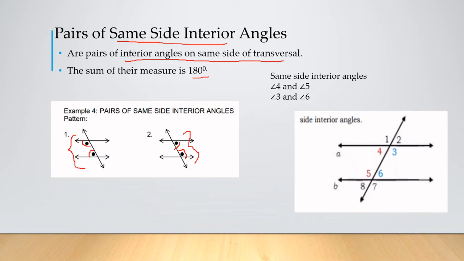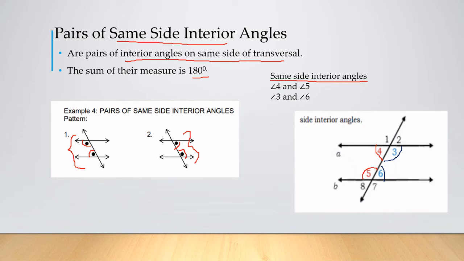Now let us identify the same side interior angles. So we have angle 4 and angle 5. Same side interior angles. We have also angle 3 and angle 6. Interior angles on the same side.